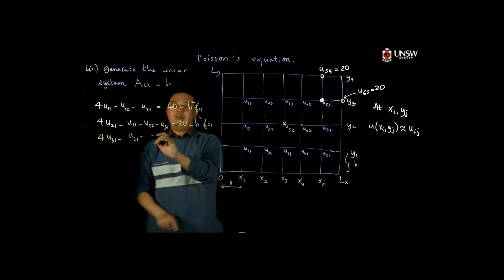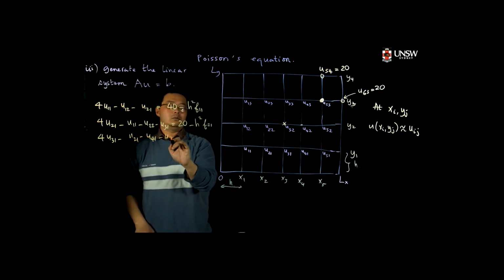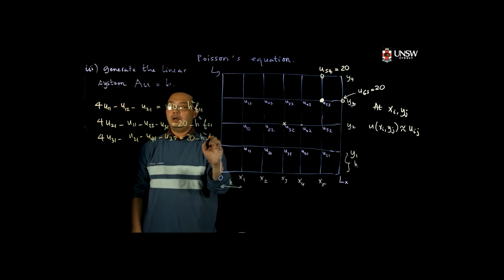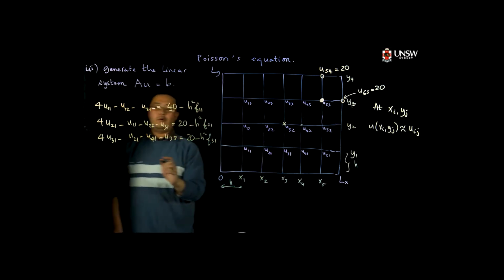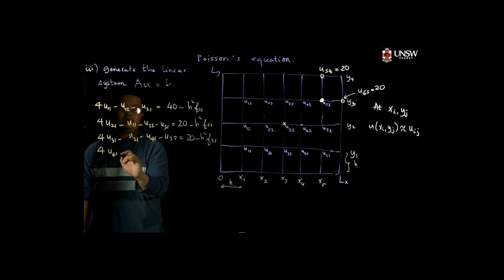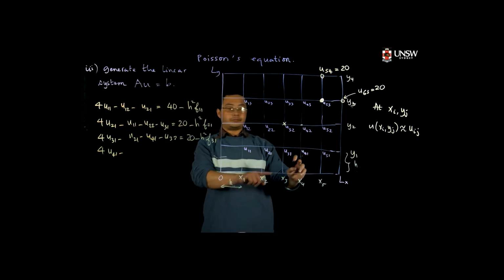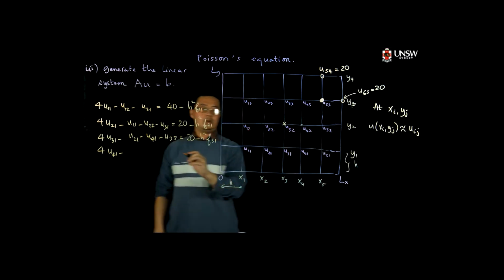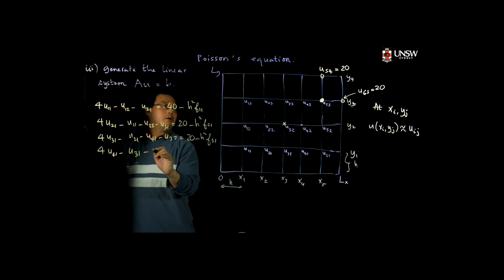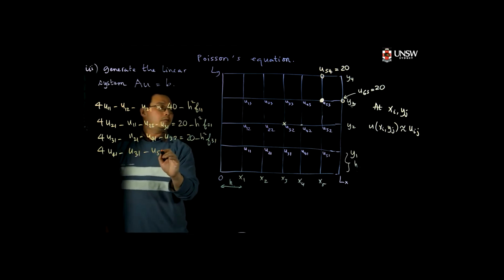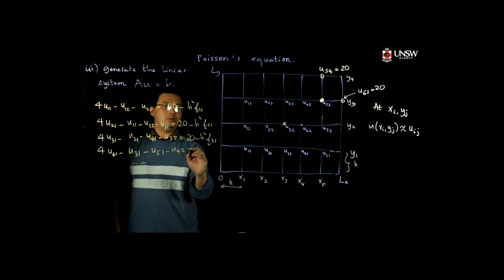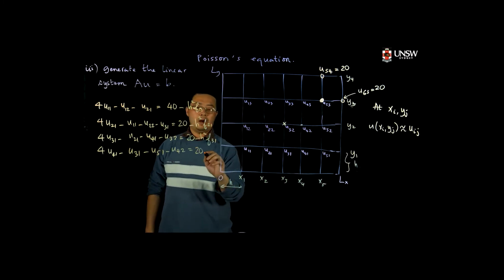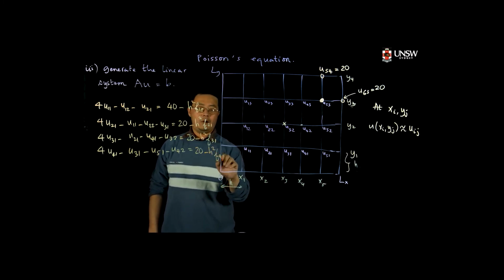So U21, U41, U32, and then equal 20 minus h square f31. And then you have U41, so 4 U41, you have 3 unknown neighbors, so minus U31, minus U51, minus U42 equal 20 minus h square f41.